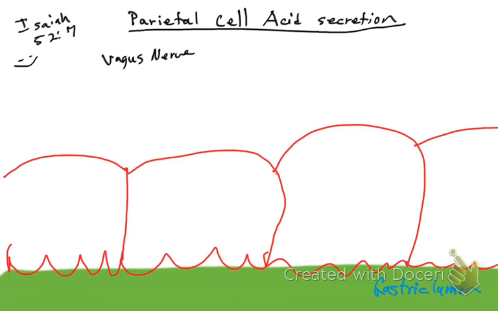We're going to have a receptor called the M3 receptor. Let me do them in black. M3 receptor. This cell also has another receptor called the CCKB receptor. Each of those cells has it, the CCKB receptors, and H2 receptors.